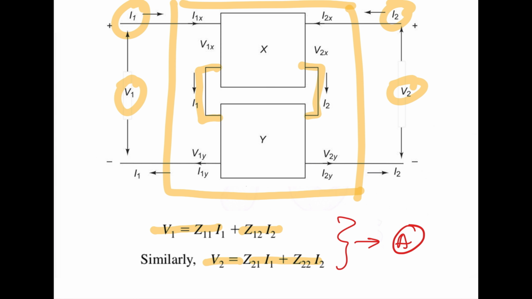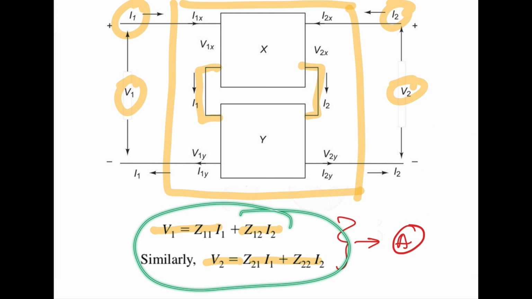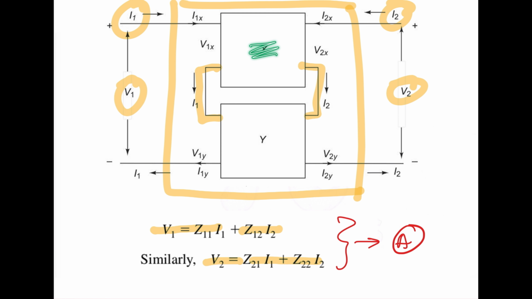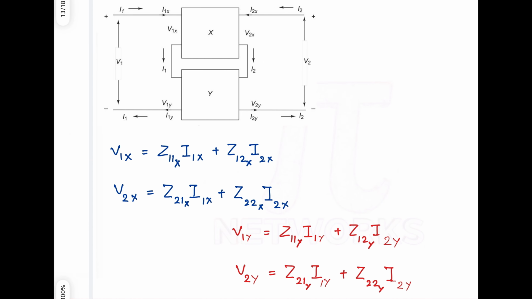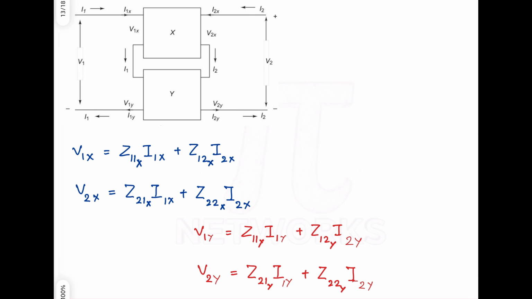Using this standard equation, write the equations for both two-port networks X and Y separately. For X: V1X is equal to Z11X I1X plus Z12X I2X, and V2X is equal to Z21X I1X plus Z22X I2X.